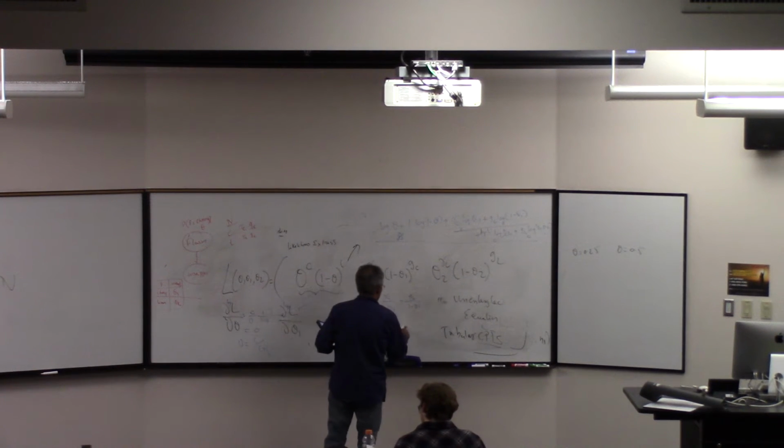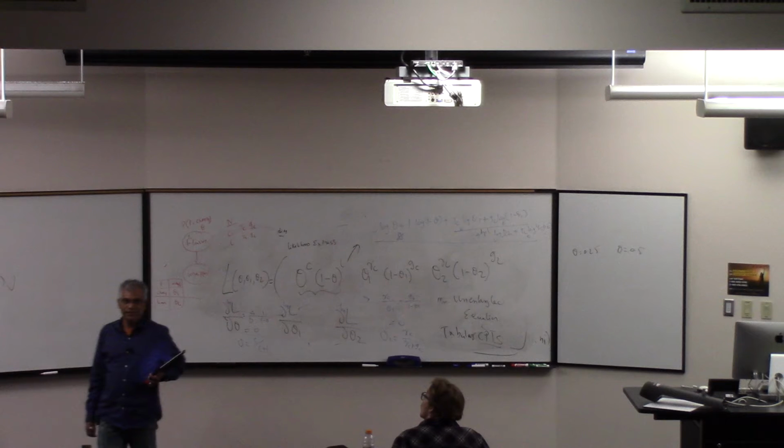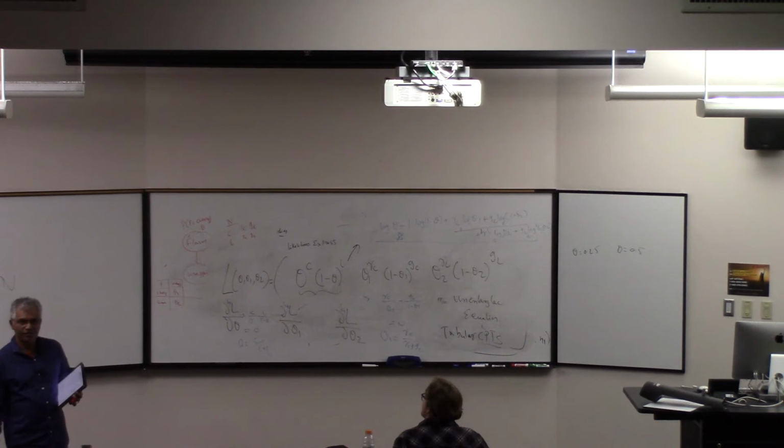You put it to 0, you get theta 1 equal to RC by (RC plus GC). See where I'm going with this?